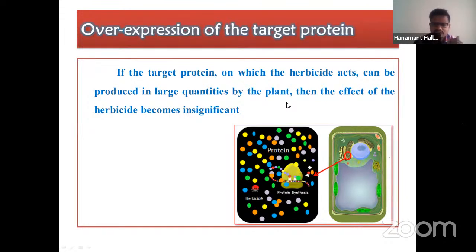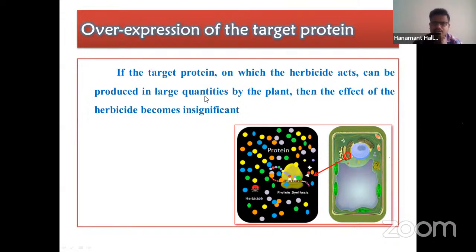So in that case the effect will be insignificant. So herbicide will affect that protein, but that protein will be produced by plants in large number. So some protein will die and a major portion of the protein will remain available to the weeds. So that's why weeds continue to grow.